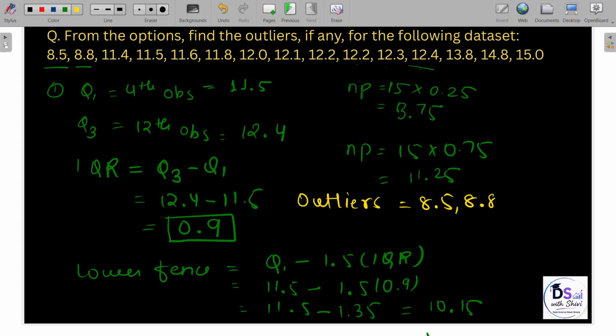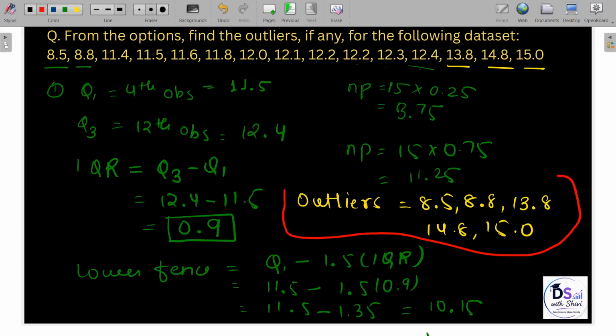Because these two are less than the lower fence, which is 10.15. Now we want to know the observations which are greater than 13.75. In this data set, we have 13.8, 14.8, and 15. These three are greater than 13.75. So these will come in the category of outliers. And hence, we get the values of outliers. This is how you have to calculate the outliers.